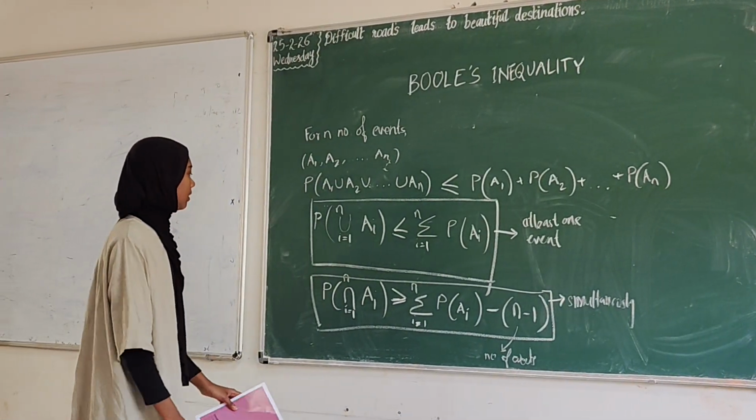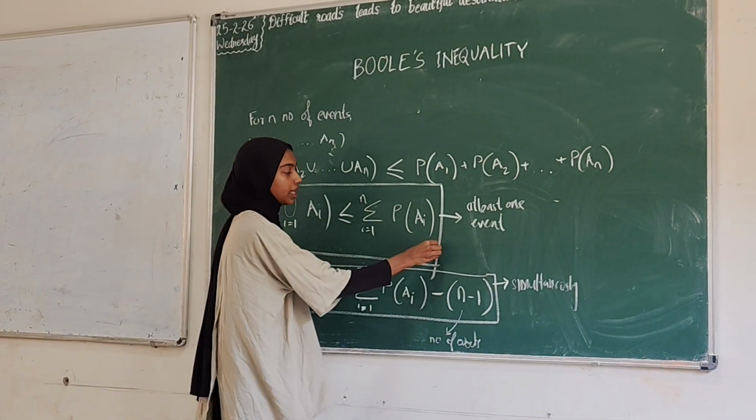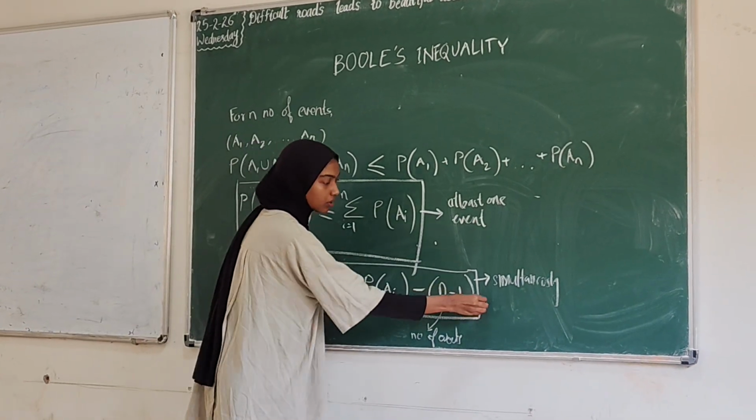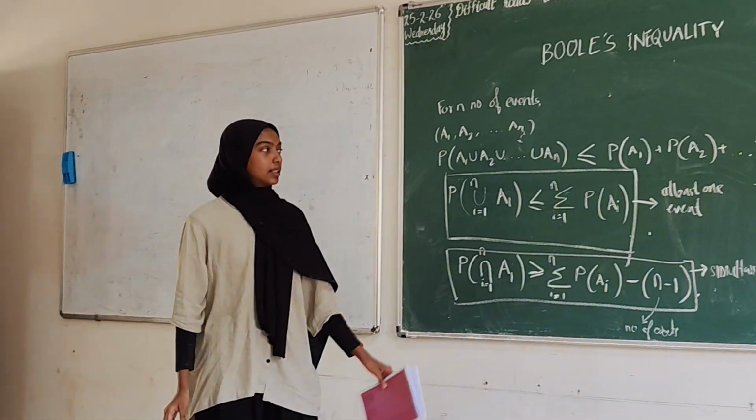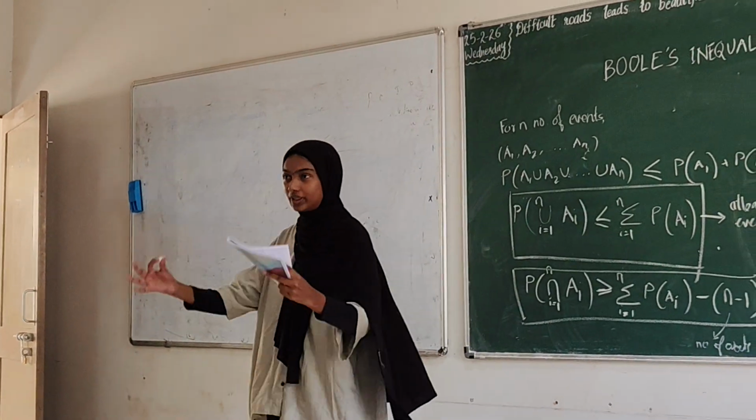We usually call the first one the upper bound and the second one the lower bound. I will explain more in the example question.